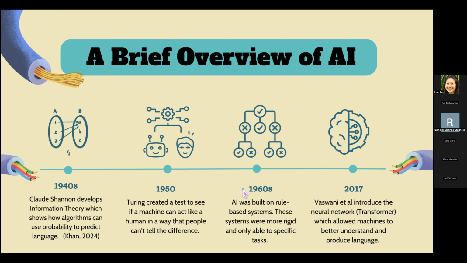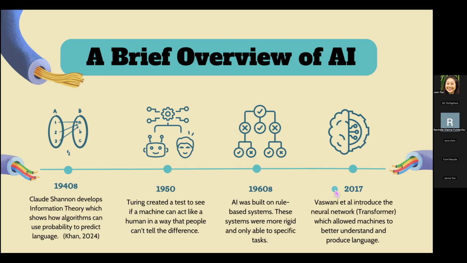In the 1960s, which is often referred to as the winter of AI, we're really focusing on more rule-based systems. So they're looking at very rigid types of AI that is really designed for specific tasks. Then we make a really big leap. There's a lot that happens in between. But anyway, we're going to go to 2017.